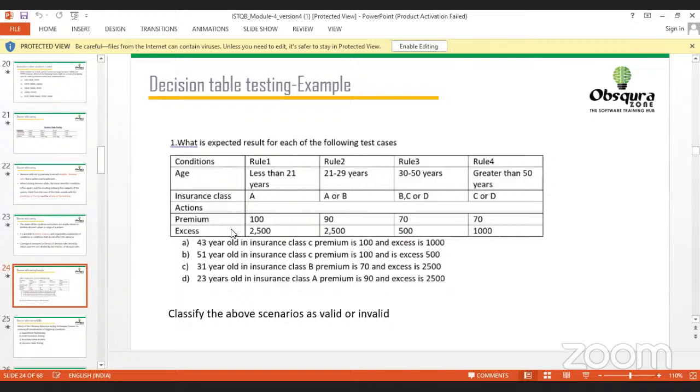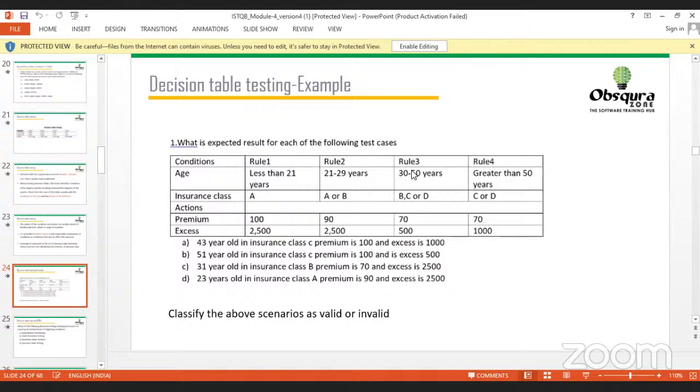Now, we can go through one by one. A 43-year-old in insurance class C, premium is 100 and excess is 1000. So 43-year-old will come in which rule? Rule number 3. In rule 3, the age limit is 30 to 50, and 43 is inside that.